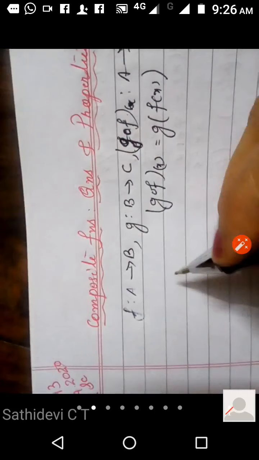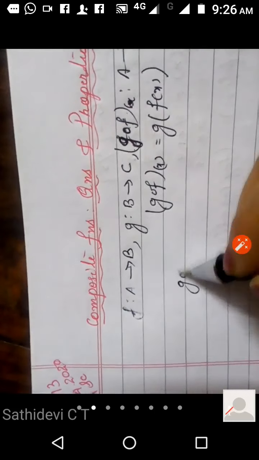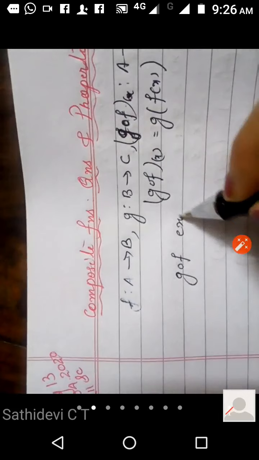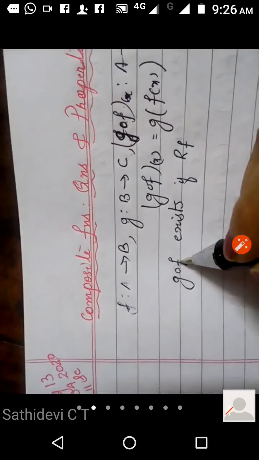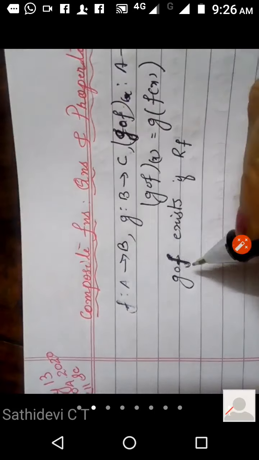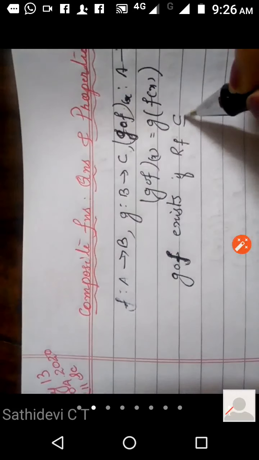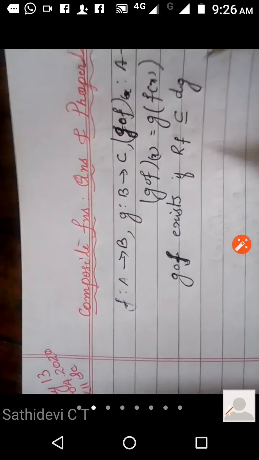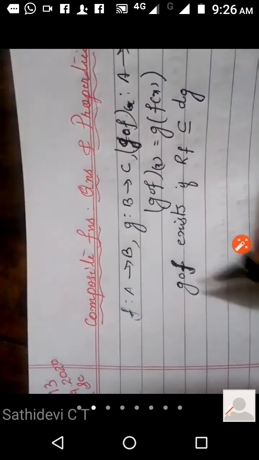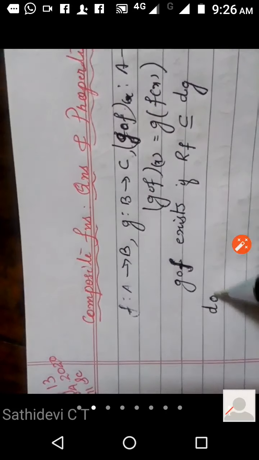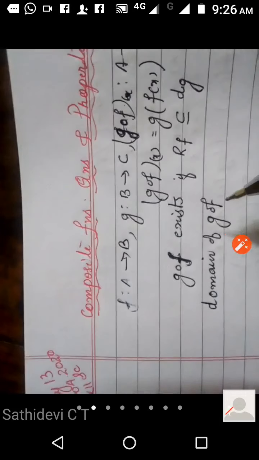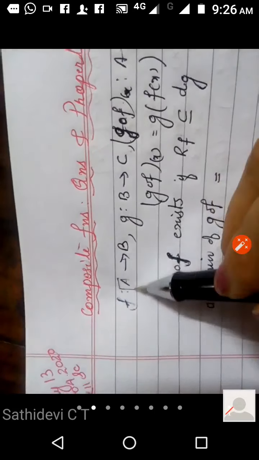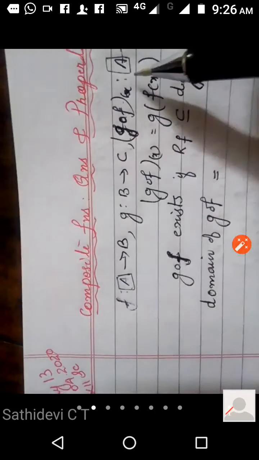Two important points to be remembered. First one, G composite F exists only if the range of F is a subset of the domain of G. And second point, the domain of G composite F is here also A, so both of them have the same domain.